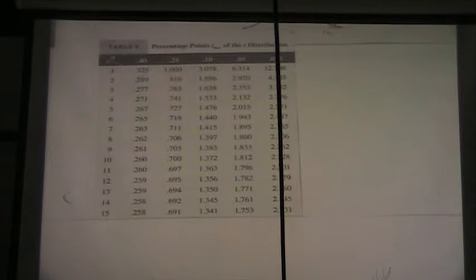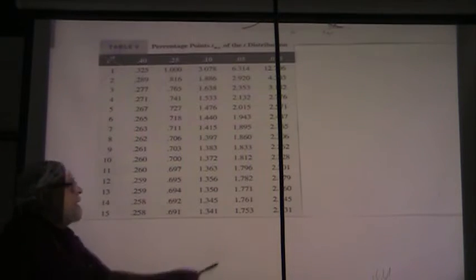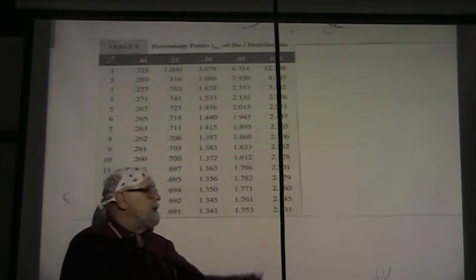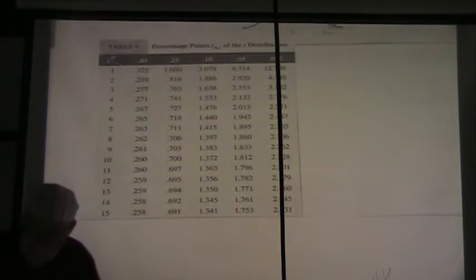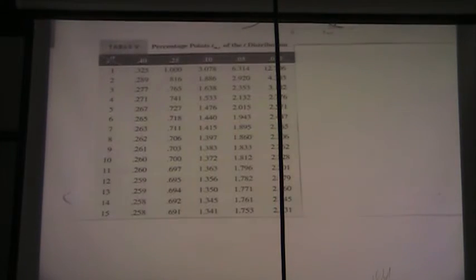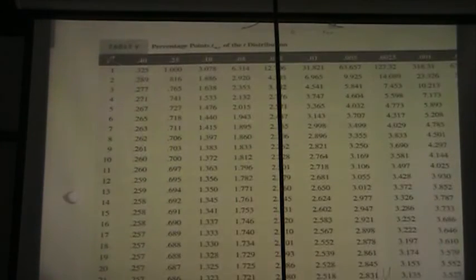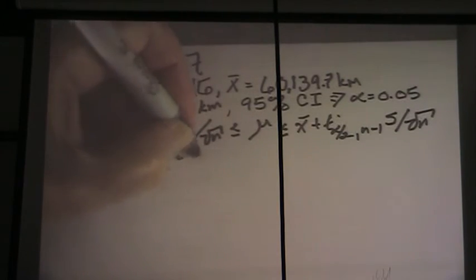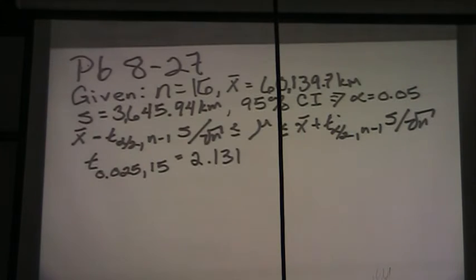All right. I go for my corner and it's 2.131. All right, well, now we have everything we need.